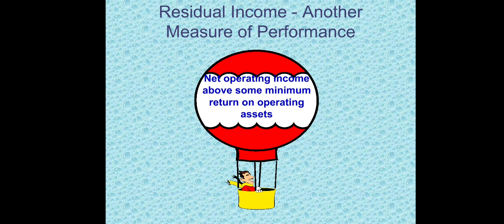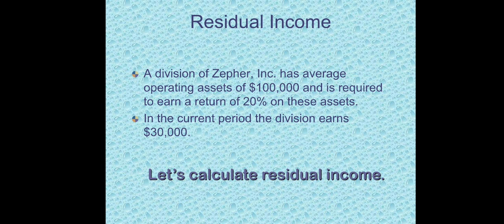Residual income means net operating income above some minimum return on operating asset. Net operating income is net profit. Let's see an example of how to calculate the residual income.